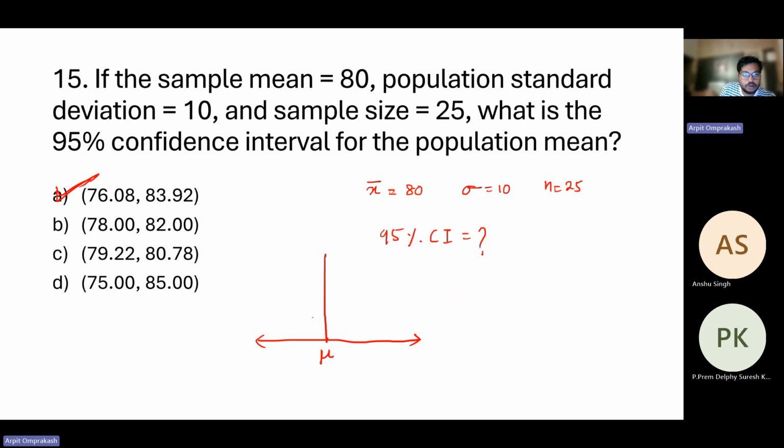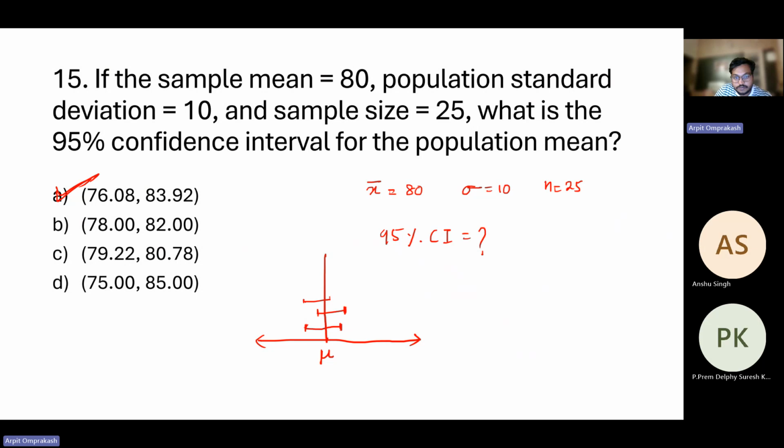But the range that we got is, let's say, 76 point something to 83 point something. So if you take another sample and calculate the range again, it might turn out to be slightly different.